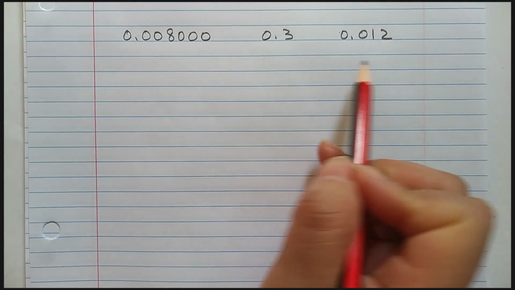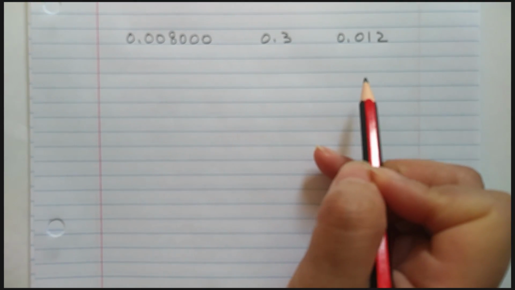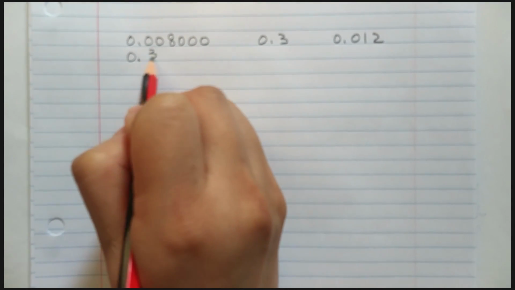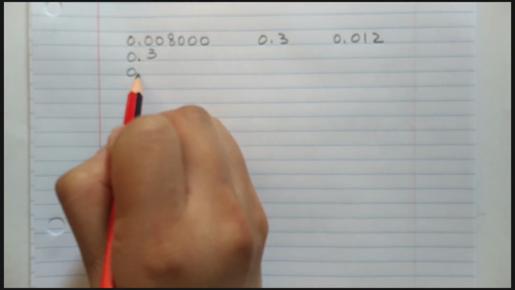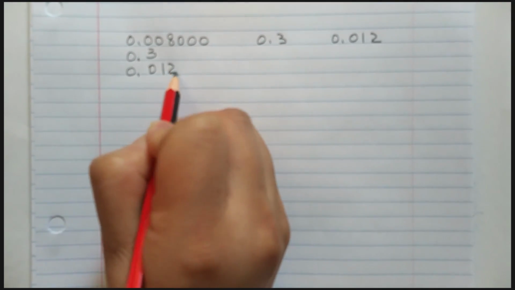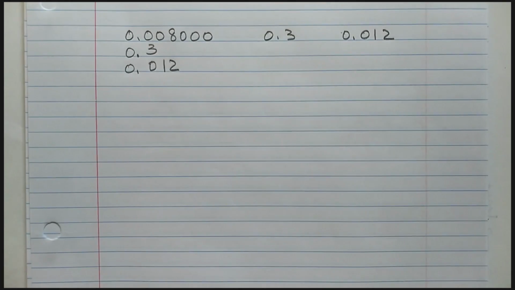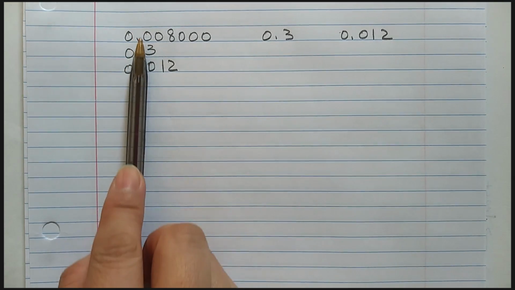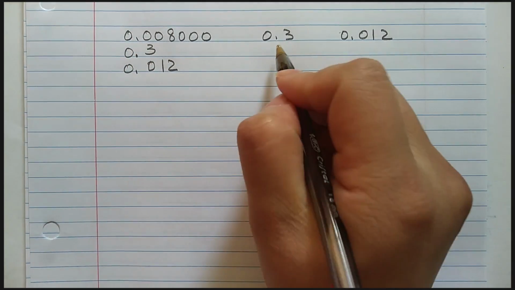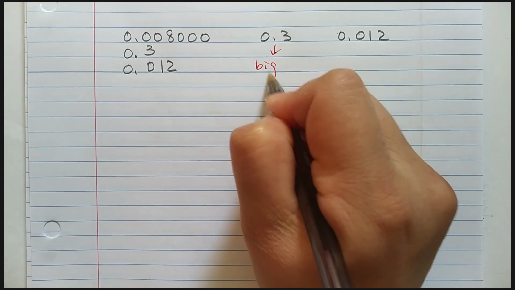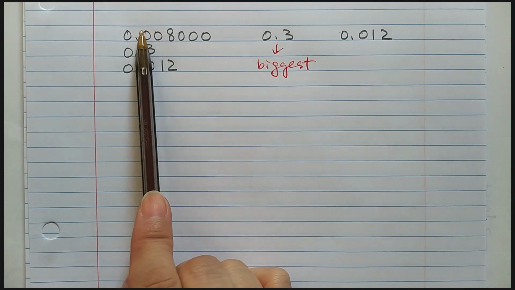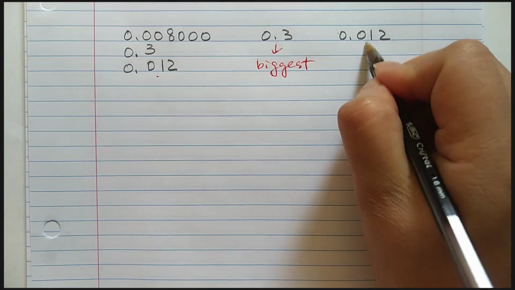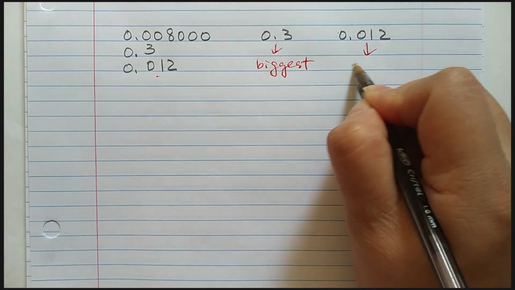Let's compare these three numbers. If you're not sure, just stack them up along the decimal point. 3 and 0.012. And compare from the leftmost digits. So these are all zeros. The next biggest is 0.3. So this is the biggest. And after that, this number is the second biggest.